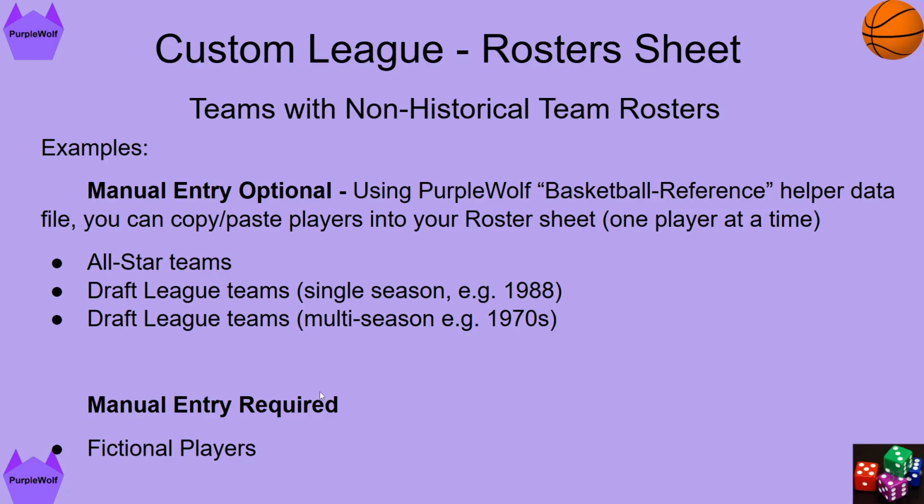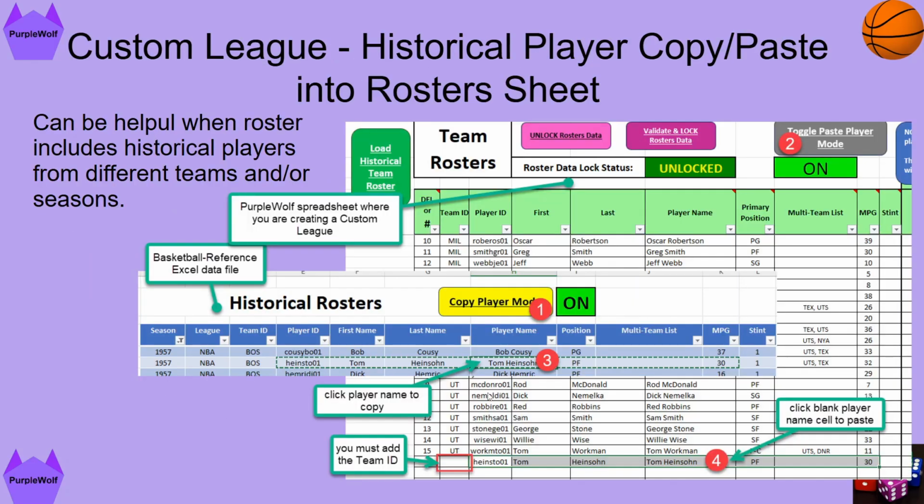And I'll show here in this next slide kind of the workflow if you want to use the copy paste from historical players. So you'd open up that basketball reference helper spreadsheet here. It's called historical rosters, and it has a few tabs on it. One of them is the roster tab, and once you click that, you'd click this copy player mode button, and it'll turn this to on.